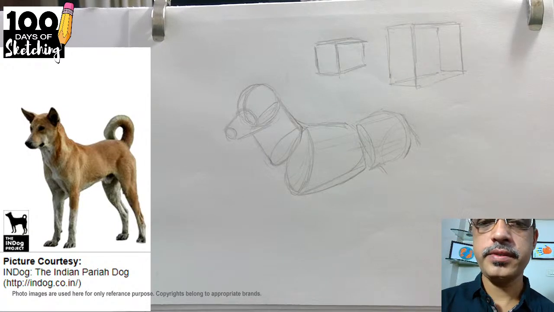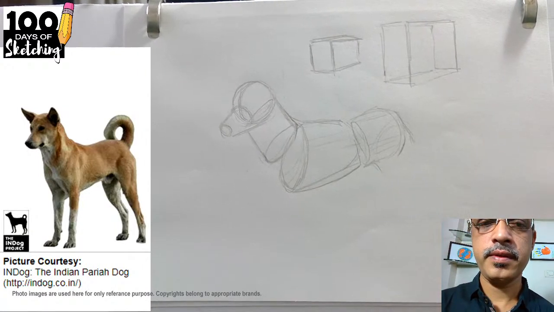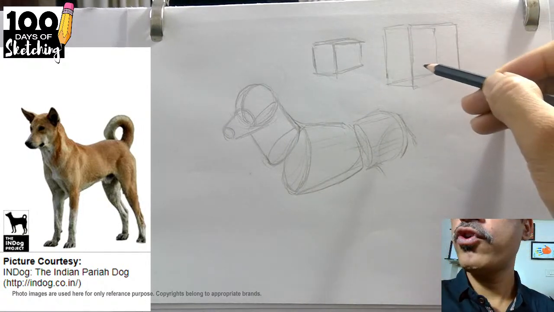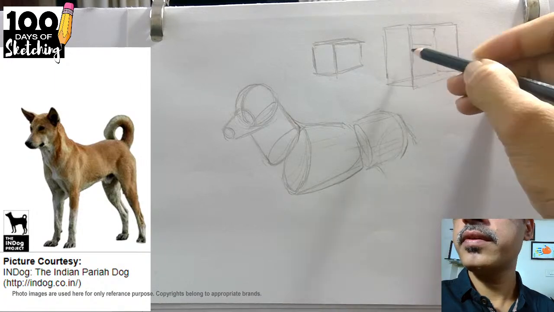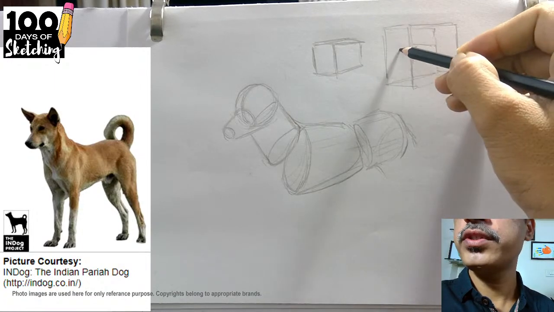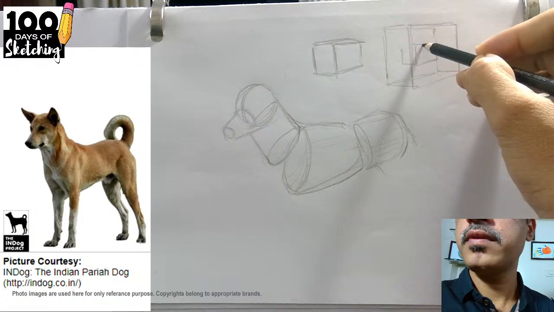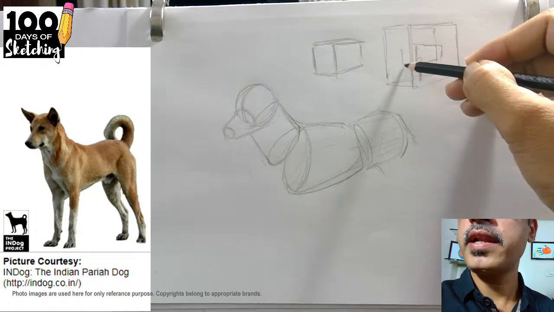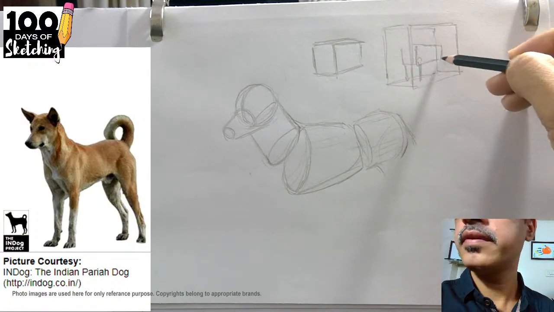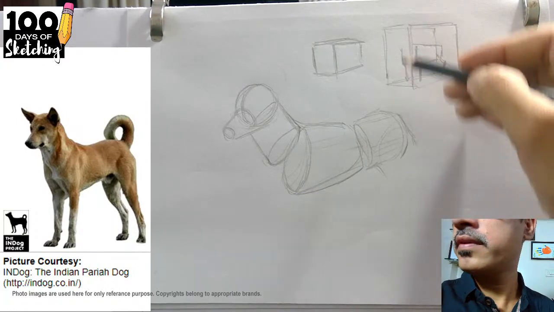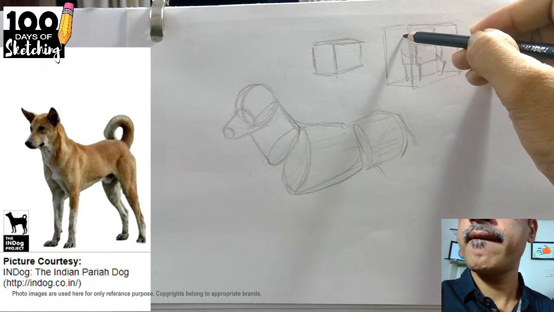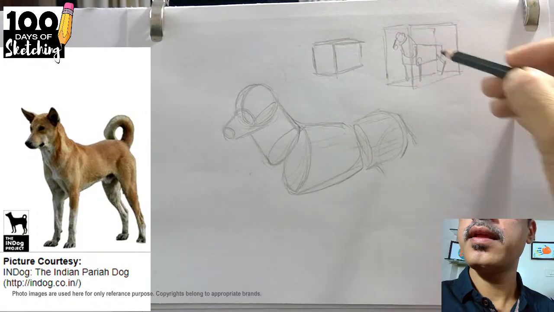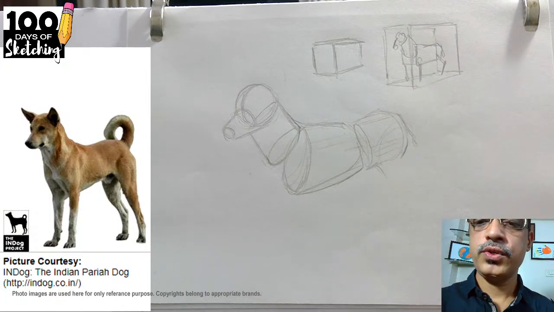So yes, in this cubical form you can see the body portion, and then here these are the legs.